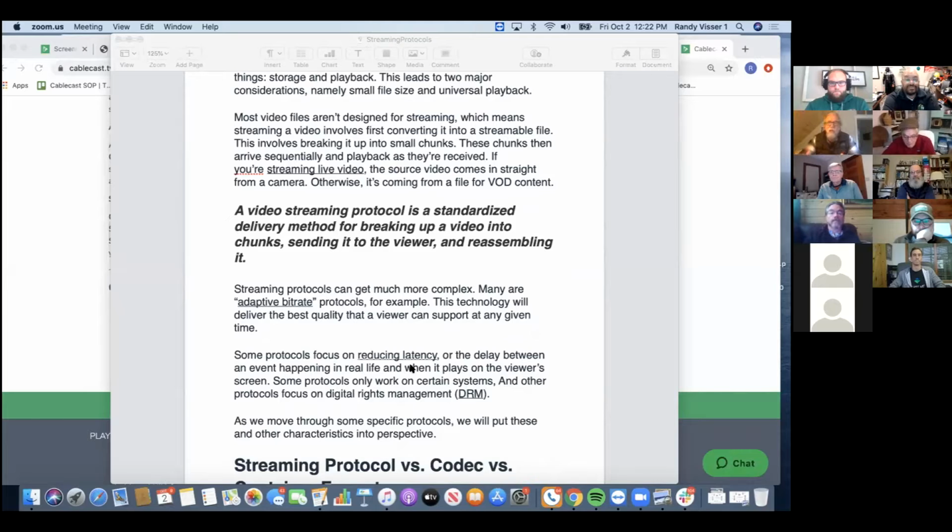The first is to understand that there are new streaming protocols that we're using, which are essentially delivery methods for breaking the video you have on your systems up into packets or chunks that can then be reassembled in a cloud or over the network or through an encoder, a piece of hardware, and delivered back to whoever's going to watch it.